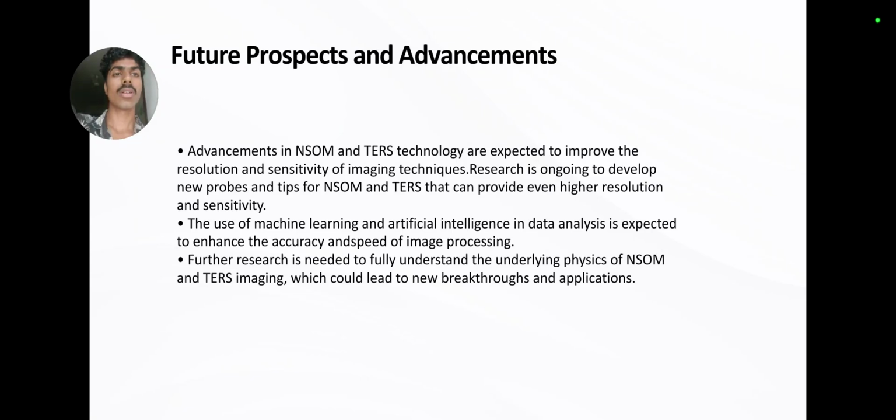Future prospects and advantages. Advancements in NSOM and TERS technology are expected to improve the resolution and sensitivity of imaging techniques. Research is ongoing to develop new probes and tips for NSOM and TERS that can provide even higher resolution and sensitivity. The use of machine learning and artificial intelligence in data analysis is expected to enhance the accuracy and speed of image processing.